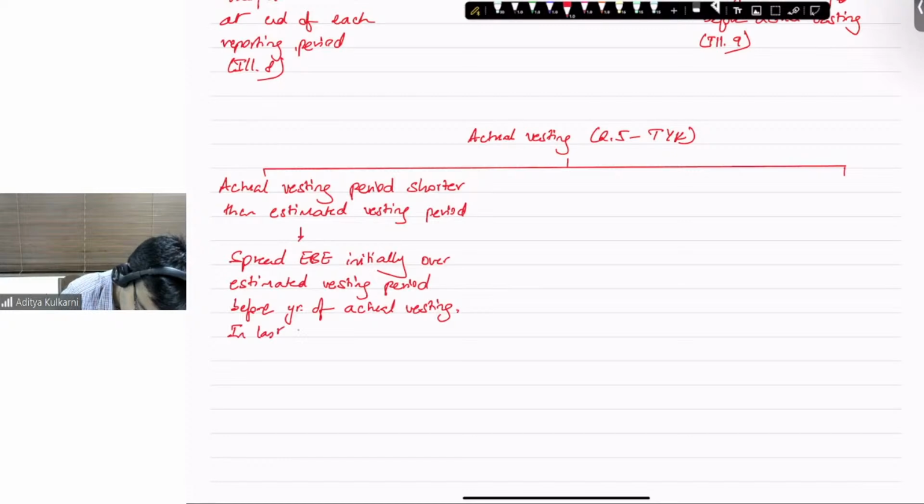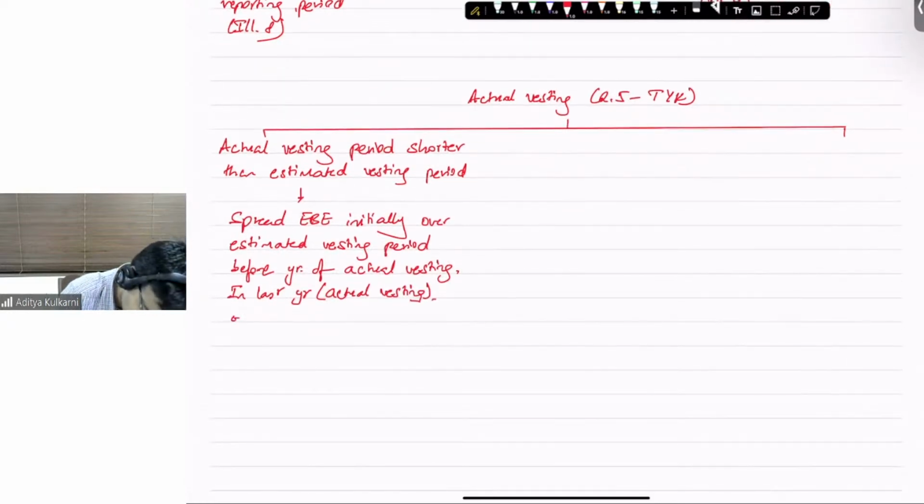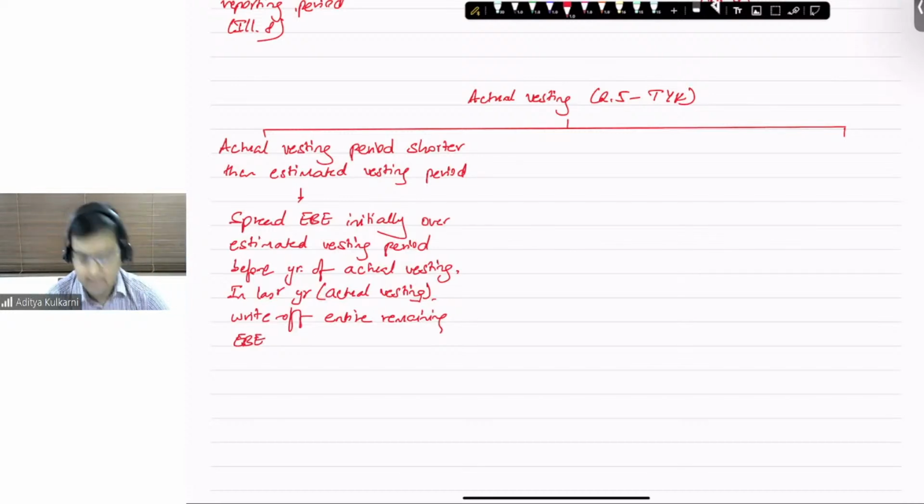In the last year, that is actual vesting, comma, write off the entire remaining EBE, which is what we did in that question.